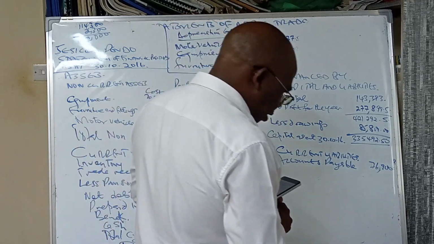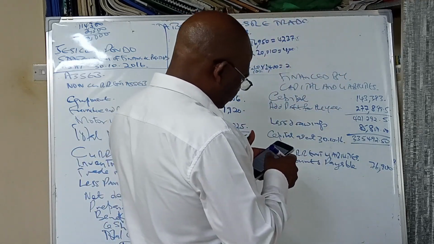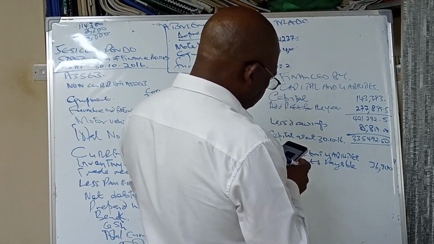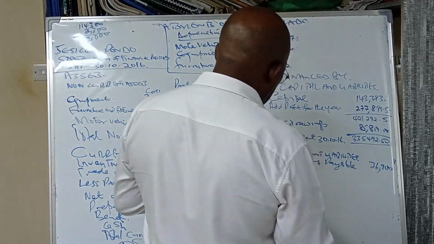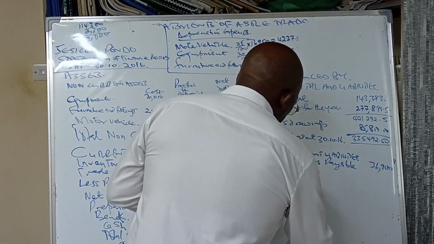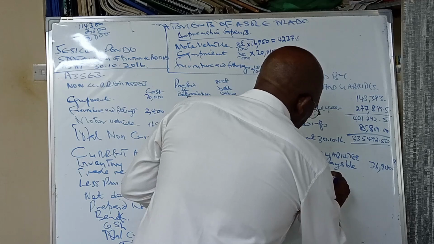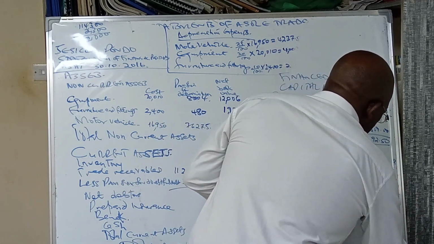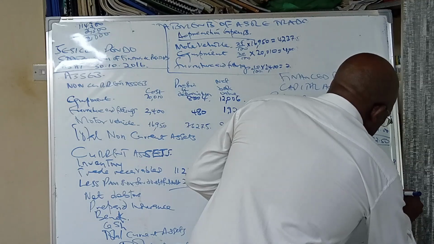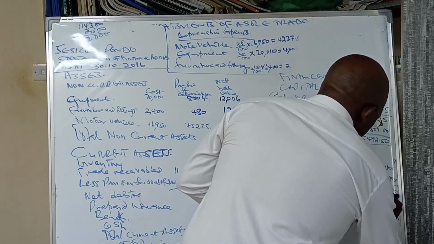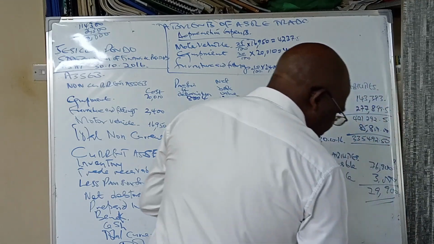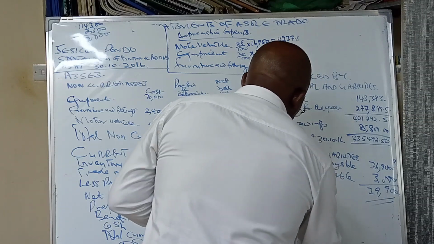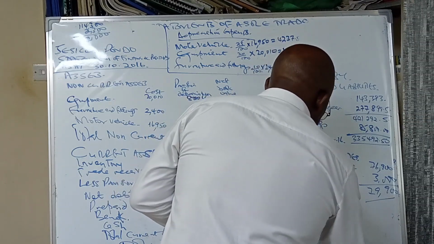The only one we have is wages. If you look at our additional information, number 6, we said accrued wages were amounting to 3,000. We don't have another current liability, so we get 79,900. These are the total current liabilities.